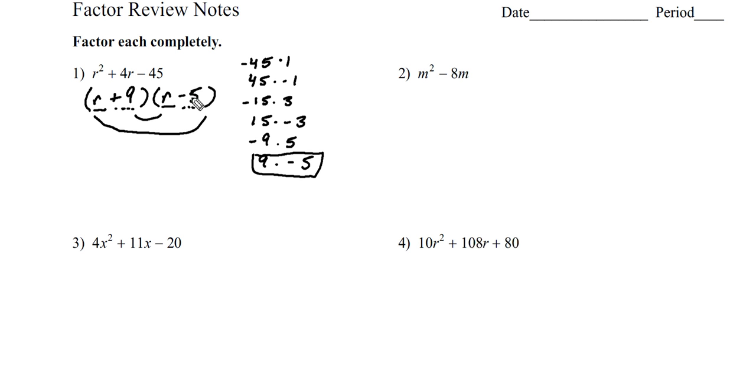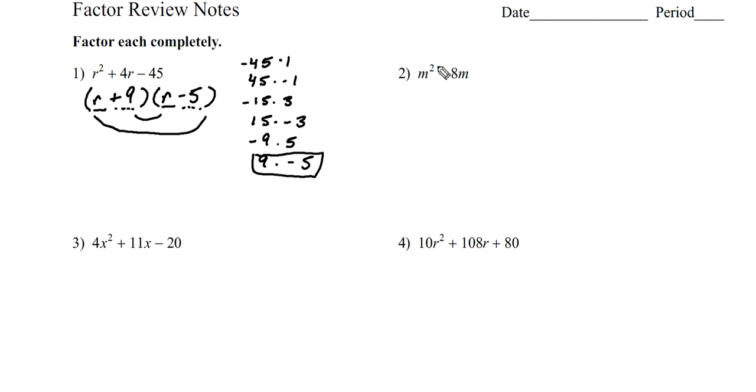If we take a look at example 2, we just want to factor out the greatest common factor, and in general, that's always going to be our first step. For number 1, we recognize that this lead coefficient is 1, so the greatest common factor amongst all these terms is going to be 1. In other examples, that might not be the case when we take a look at 3 and 4.